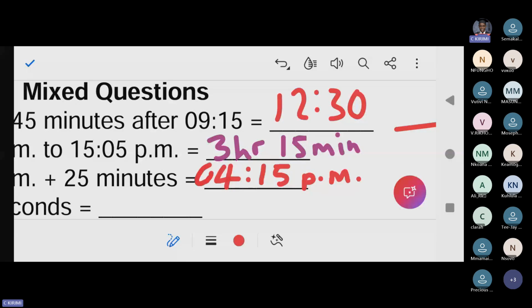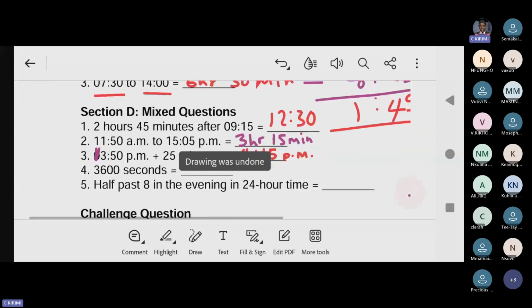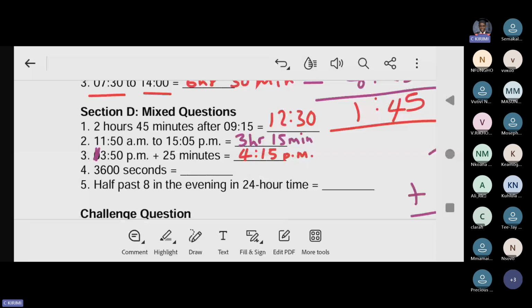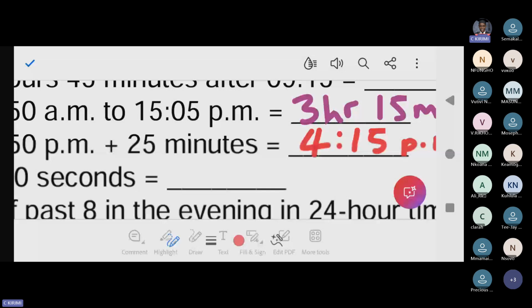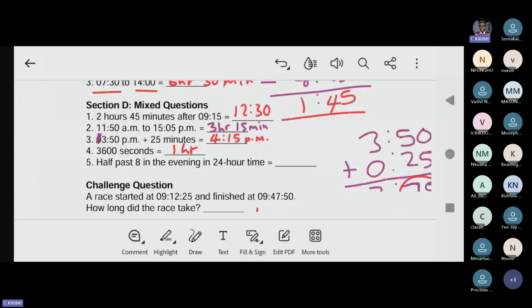When you want to put a 0, now it becomes 24-hour format. So in terms of 12-hour format, it does not have that 0. Don't put the 0 there in front. Then 3,600 seconds, you know this is equivalent to 1 hour. You must know it by heart. 3,600 seconds is equivalent to 1 hour.